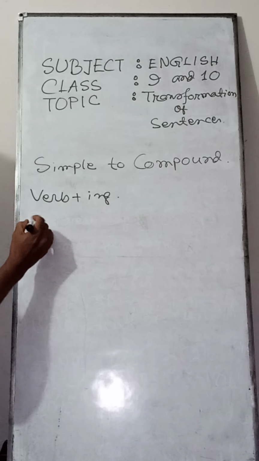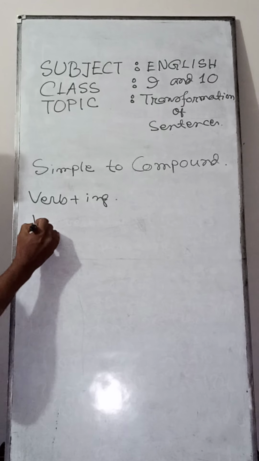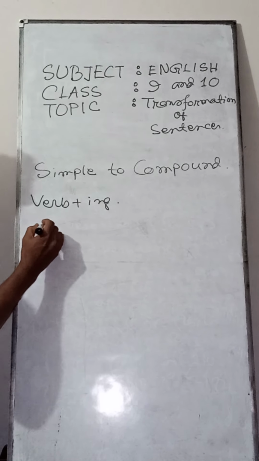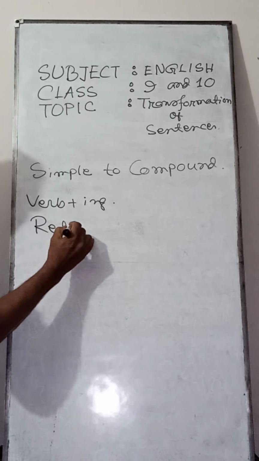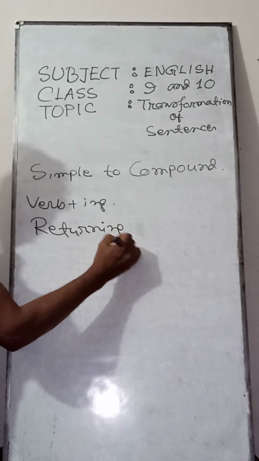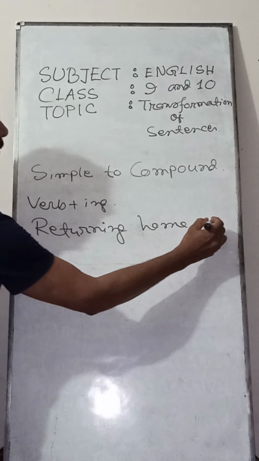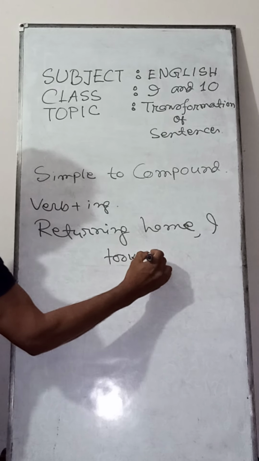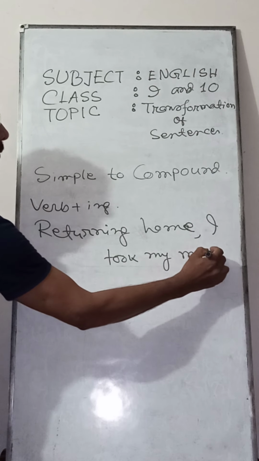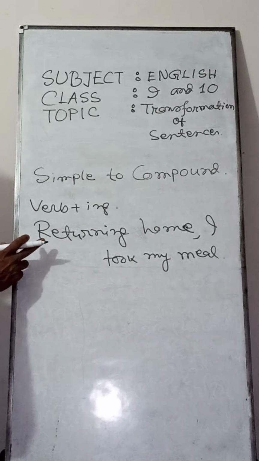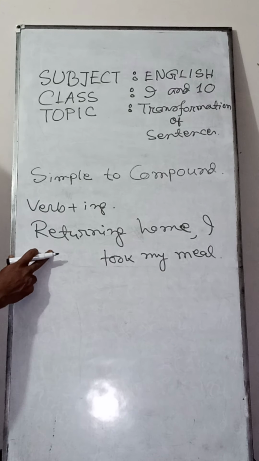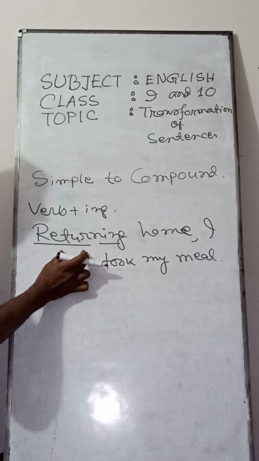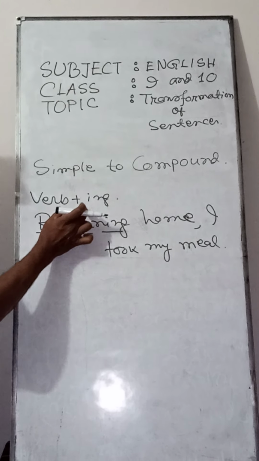For an example, 'Returning home, I took my meal.' This is a simple sentence because of return plus ing. This is the indication of a simple sentence.